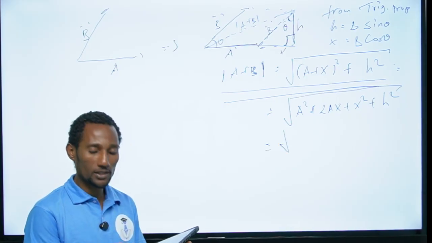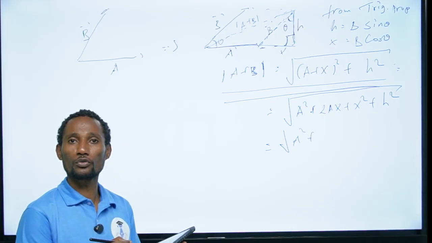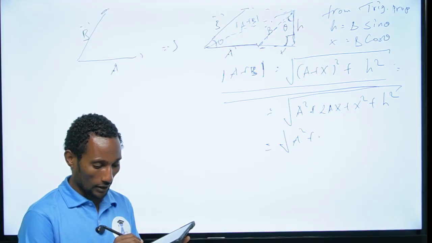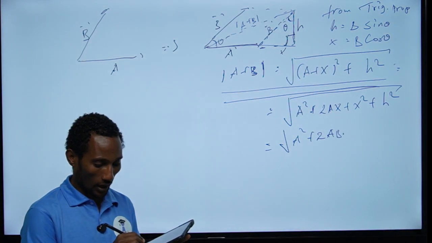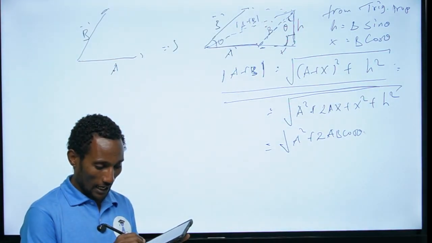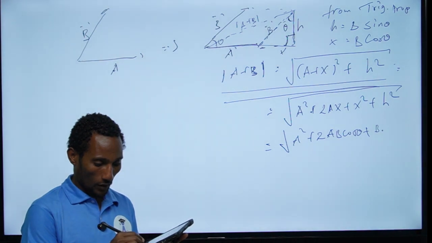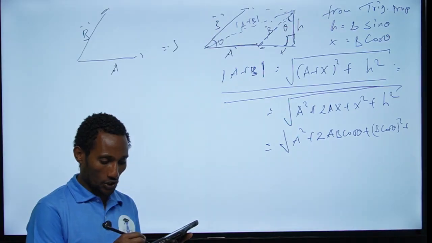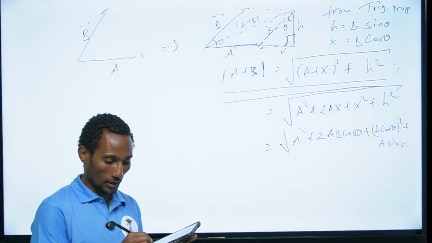Then when we put in the values of x and h, we have a square plus 2a times b cos theta plus the square of b cos theta, plus h square, which is the same as the square of b sine theta.